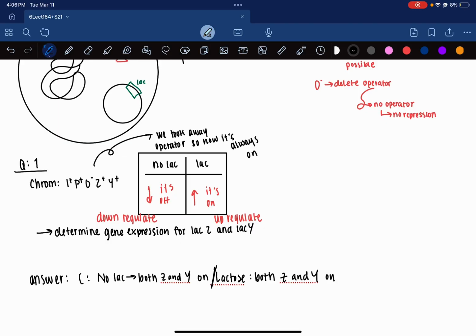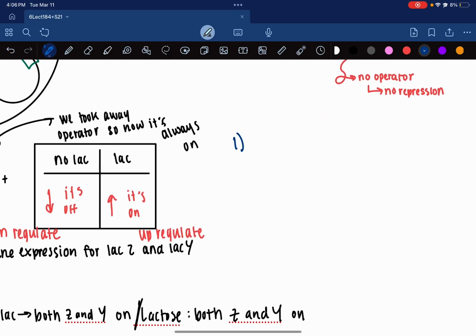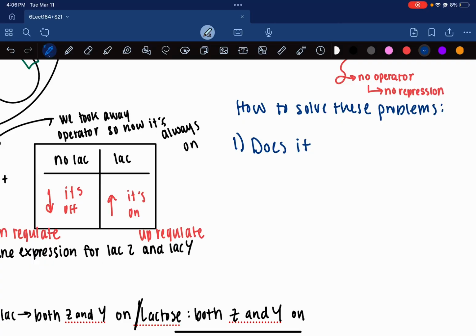They work together. All right, so here's the first thing you need to solve these problems. Number one, does it have a promoter? Because what happens if I do this? What will that do? RNA polymerase can't bind it.